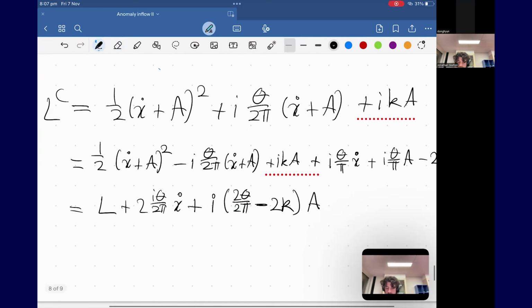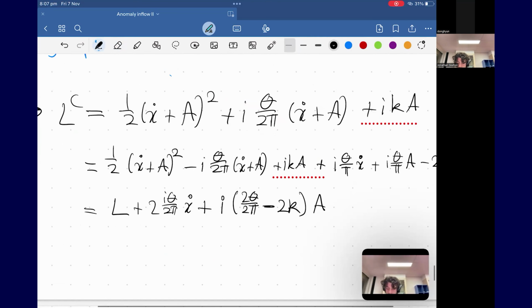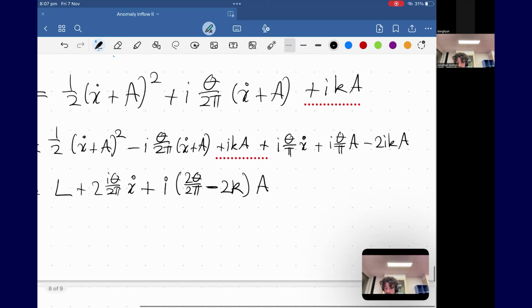So this is going to then be 2. We want the minus.